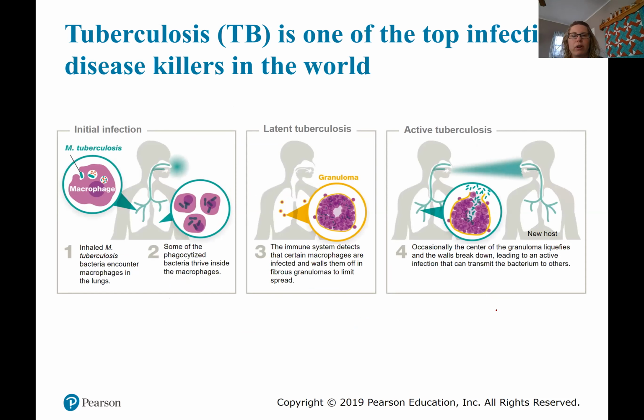It kind of goes through a progression as well. You inhale the M. tuberculosis bacteria. Macrophages, which are phagocytes, would find those bacteria in the lungs and engulf them. The thing is, though, these bacteria thrive and live and reproduce inside of those macrophages, inside of those phagocytes. Okay, so then is when you start to enter the latent stage, and you produce what's called a granuloma or tubercle.